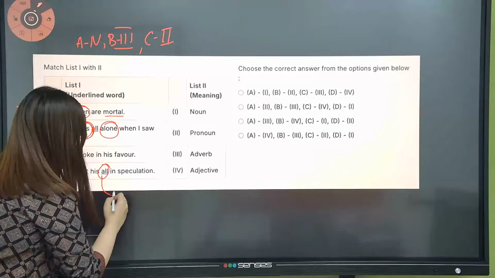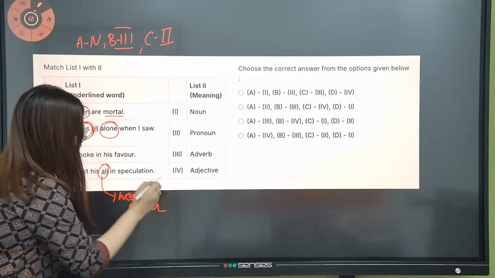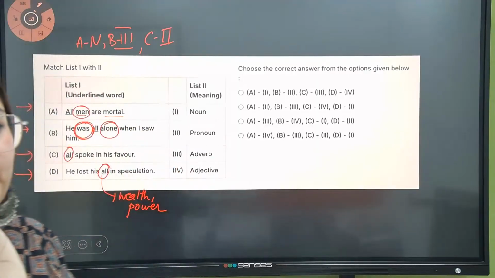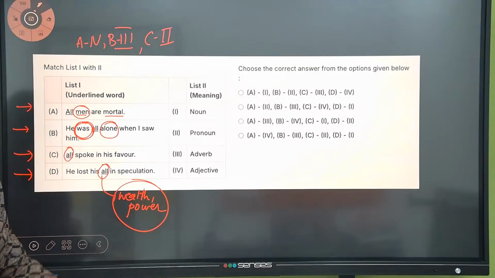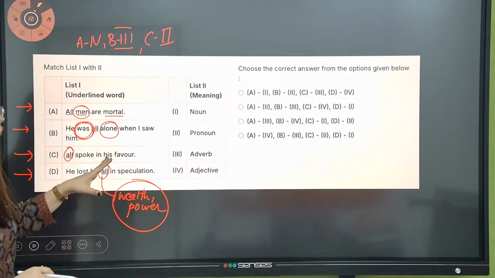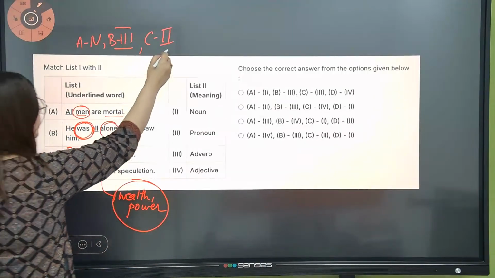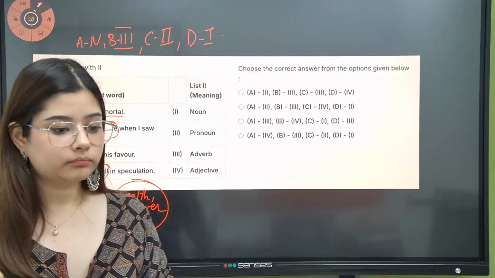Here all may be wealth, may be power, it could be property, right? Everything here that we have discussed would be a noun. So here all would represent a noun.